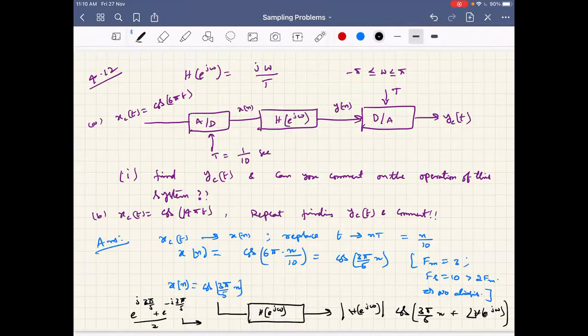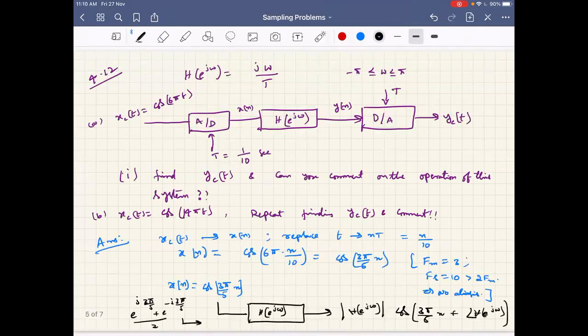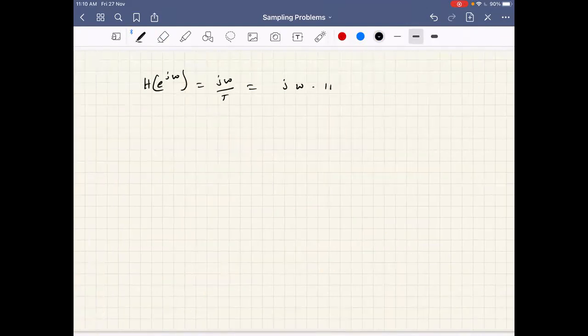Now what is the magnitude of h of e power j omega? What is h of e power j omega first of all? Explicitly, it is j omega by 10, so it is j omega into 10, that is 10 j omega.